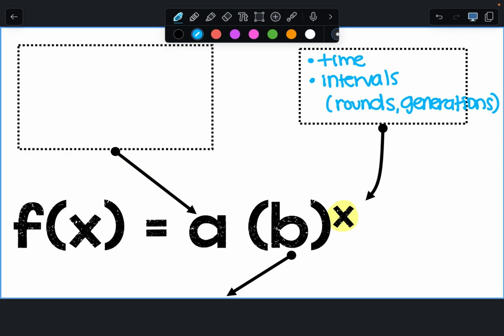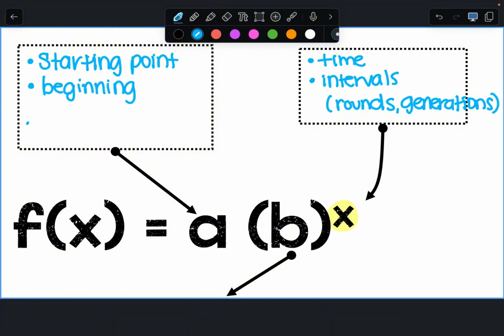Now, A, the very first number in the equation, represents your, see if you can figure it out, your starting point, your beginning. These are all words describing what? The initial value.